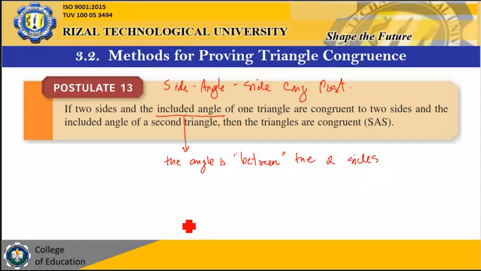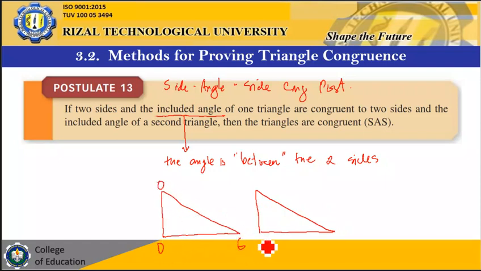So in this case, let's say we have two triangles here. Let's name this one as triangle DOG, and let's name the other triangle as CAT. Let's mark the congruent parts.